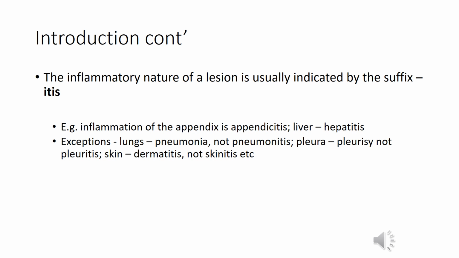However, there is another condition known as pneumonitis, which is usually as a result of heavy metal deposition into the lung parenchyma. Another example of exceptions where the suffix itis is not used is inflammation of the pleura or pleural tissue. In this case, it is known as pleurisy and not pleuritis.